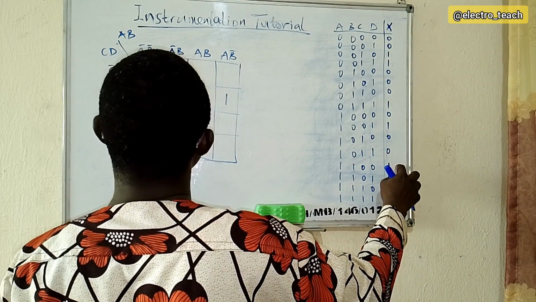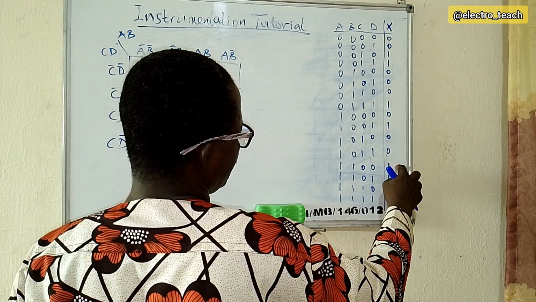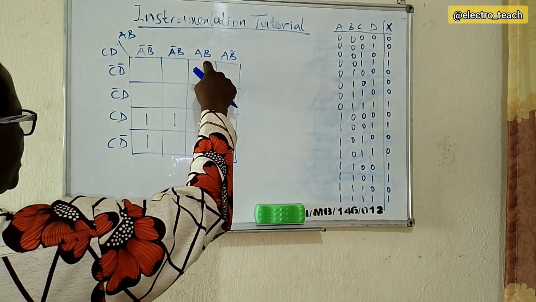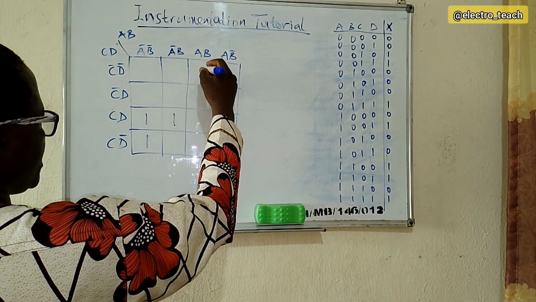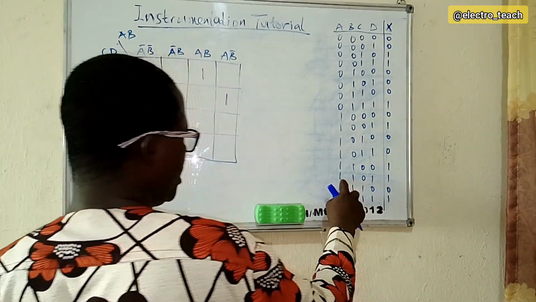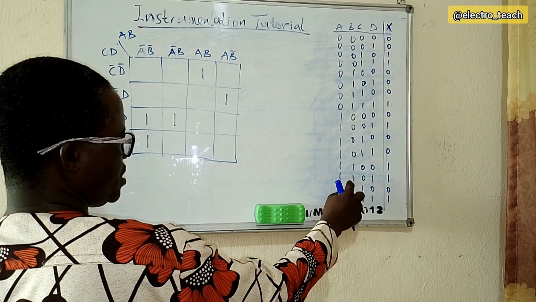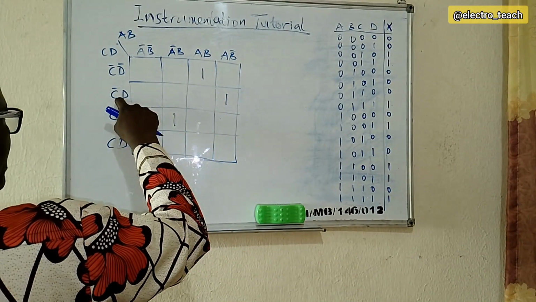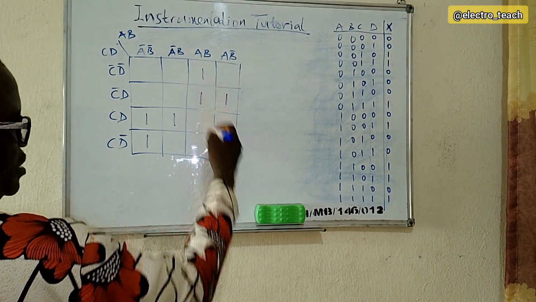And then we have this one, A, B, C bar, D bar. So they are meeting here. Next one, A, B, C bar, D. So it's here.